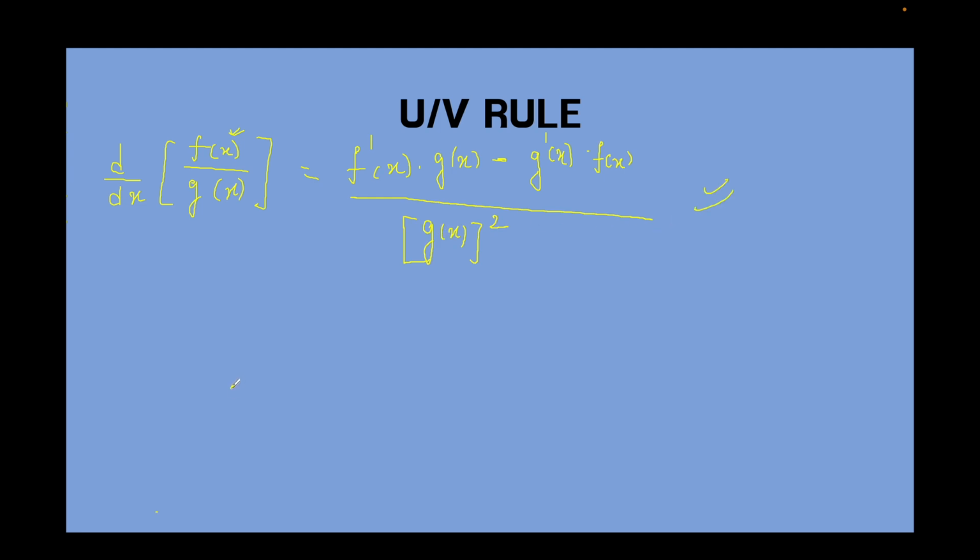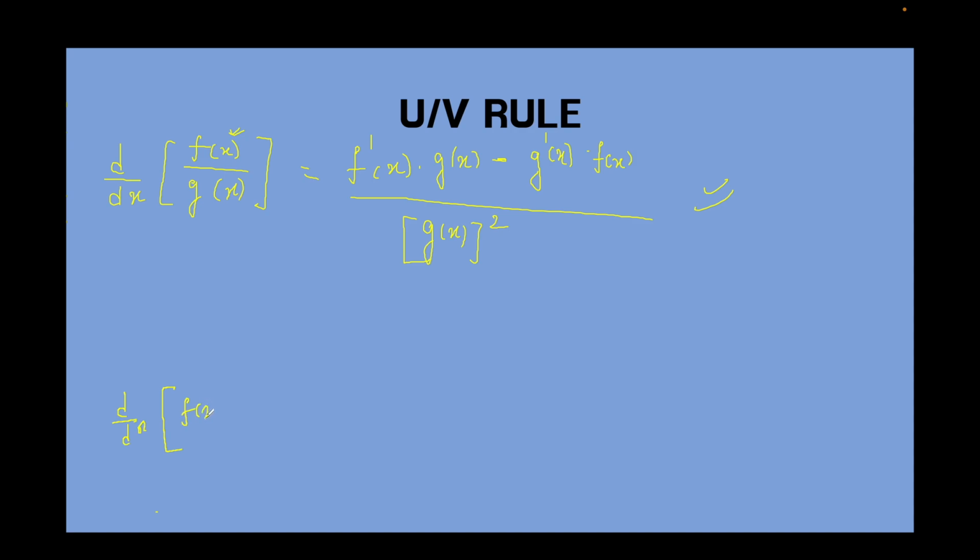Clear? Now in case you don't want to remember this formula, what else can you do? However, I prefer you to remember this formula. But in case you don't want to, we can do one thing. You want to differentiate f of x by g of x.